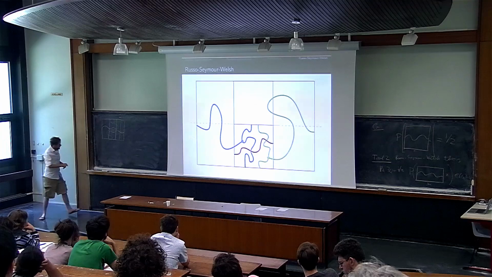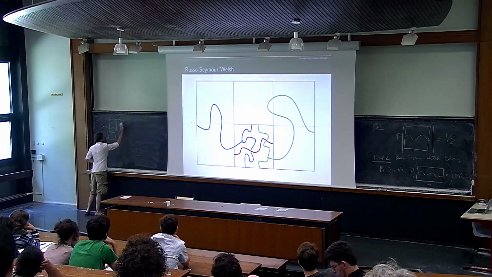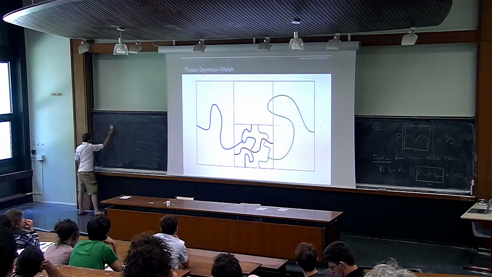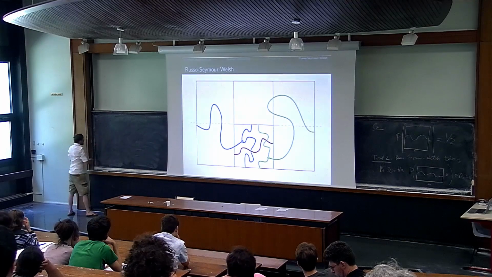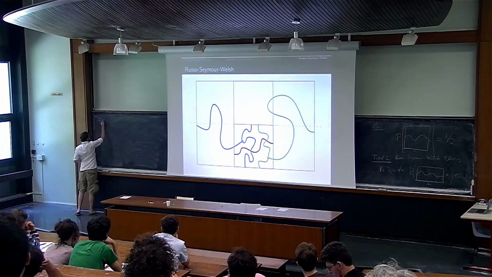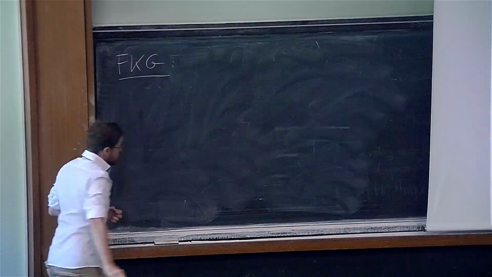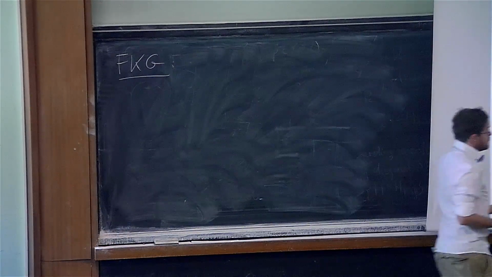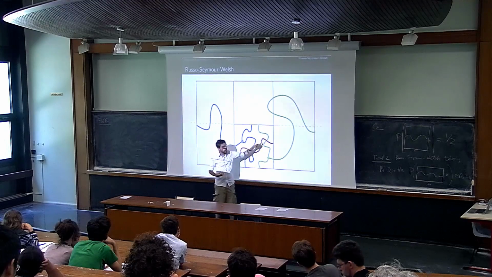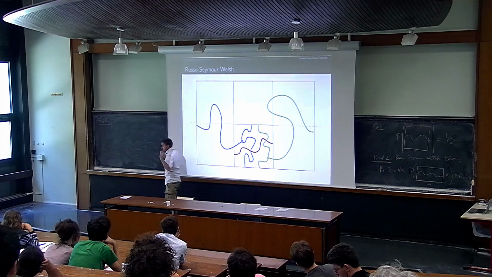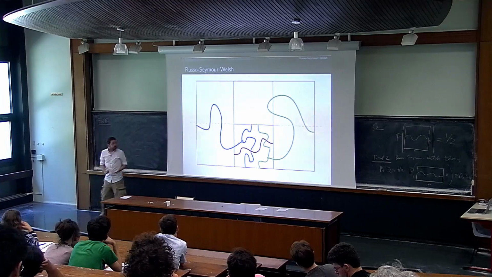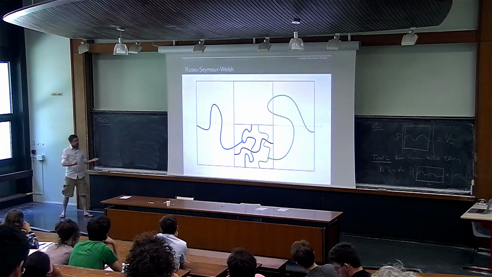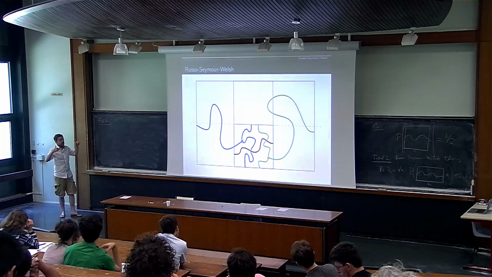So there is one thing that we need to make this argument work, and it's called the FKG inequality, which is saying that these events are certainly not independent because they involve the same edges, but they are positively correlated. So they are increasing events in the sense that if you open more edges, they are preserved.